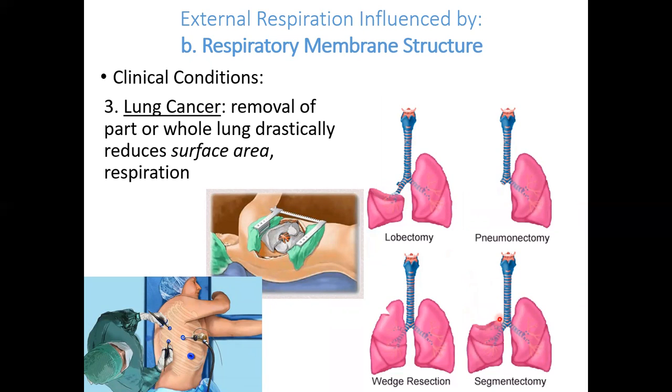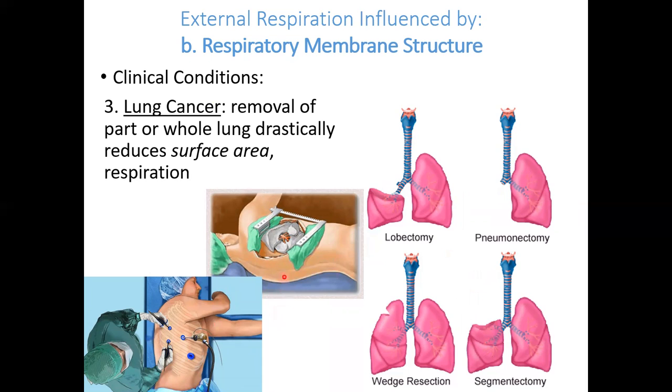Remember that a lot of clinical conditions are isolated to one or a few of those segments, or even just a small wedge. And so obviously, if you are taking out this entire piece of lung, now you have just lost all of that surface area available for gas exchange.